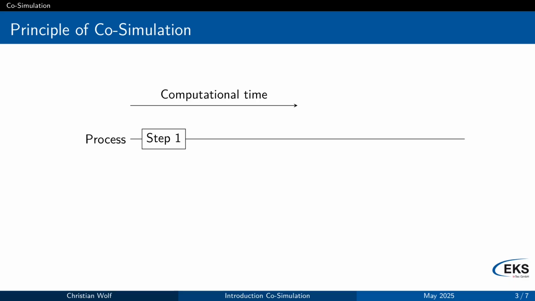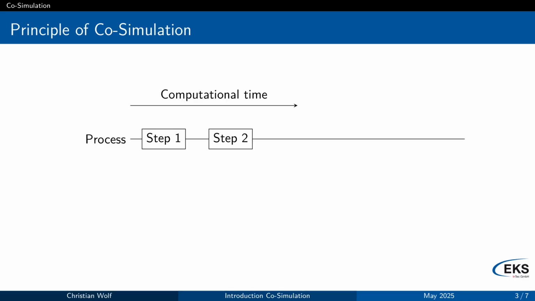Let's recap. Okay, we have computational time to the right. That's the time that you feel while you sit in front of your machine, whatever this means. Then you have one process. You do one step at a time. For example, one Euler step forward. And after you did that, you have a new situation, you have a new state.